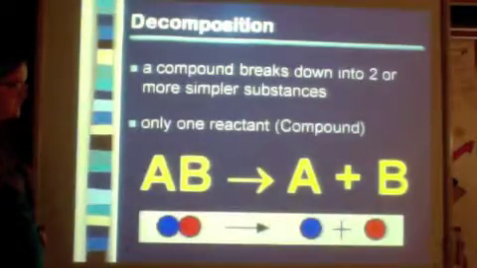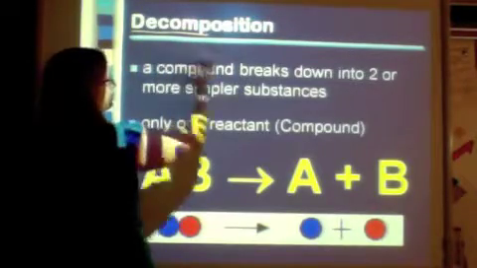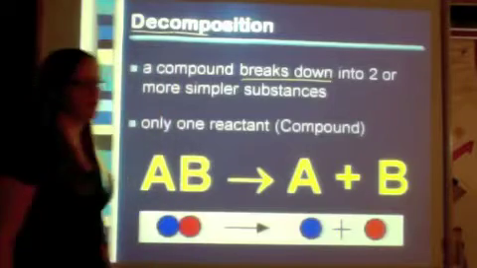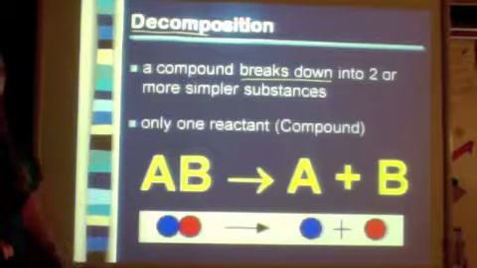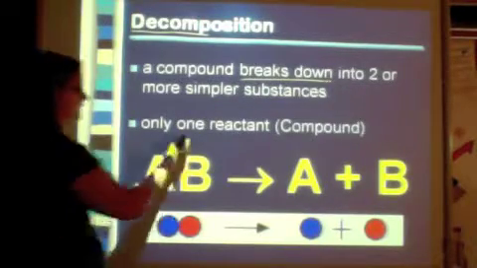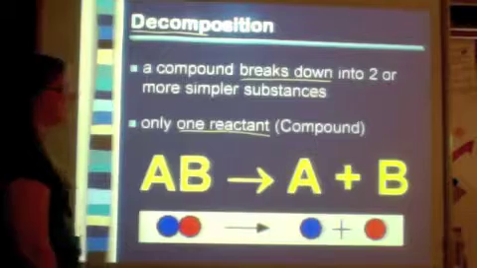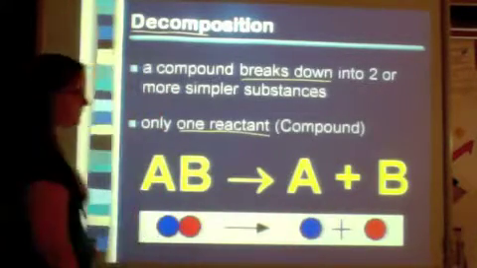Next, decomposition. To decompose means to break down. The decomp piece, decompose, decomposition, all of that means to break down. So you're going to start off with one compound, one reactant, and it's going to break into 2 single elements.